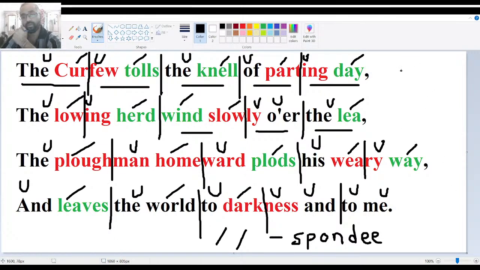So there are five meters, and this is therefore an example of a pentameter. Penta means five. It's an example of iambic pentameter. Okay, that's the prosodic name of the poem, iambic pentameter.